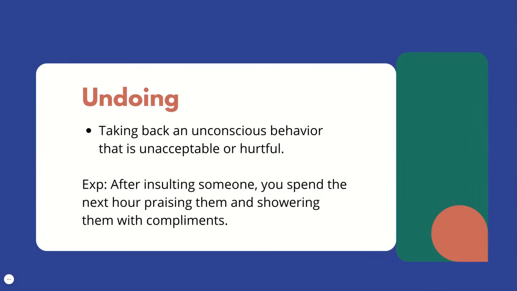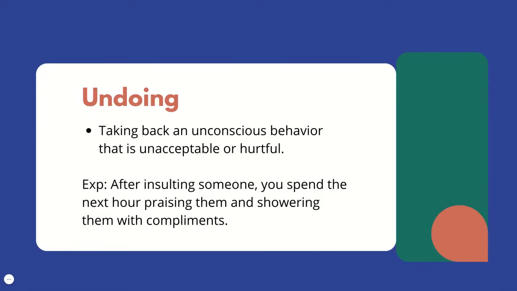Undoing. Taking back an unconscious behavior that is unacceptable or hurtful. So you might have done something and you realize that it was not acceptable or hurtful, and now you want to take that back. After insulting someone, you spend the next hour praising them and showering them with compliments. I want to undo that action of insulting you.